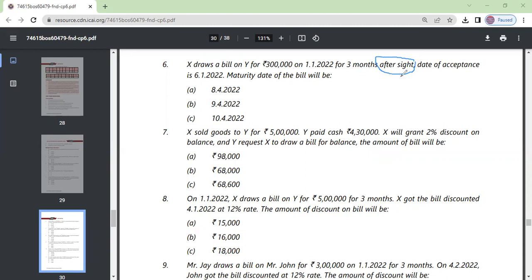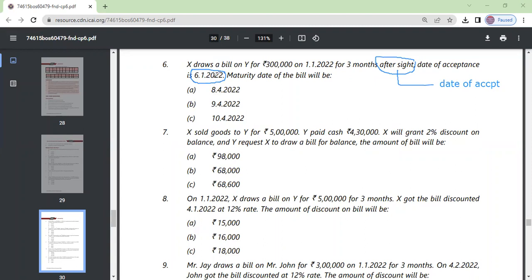Bill after sight means due date or maturity date can be calculated from the date of acceptance. Now, what is the date of acceptance? 1/1/2022 is the date of bill drawn. Date of acceptance is 6th January 2022.